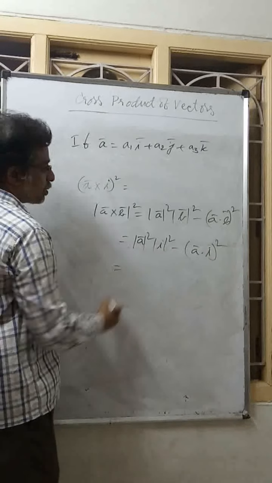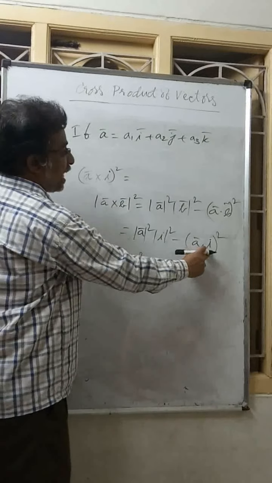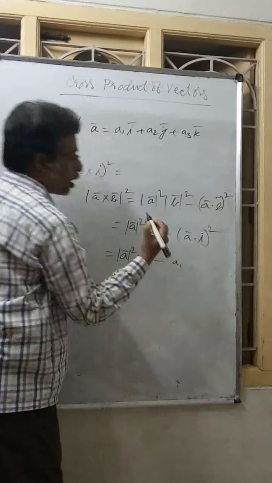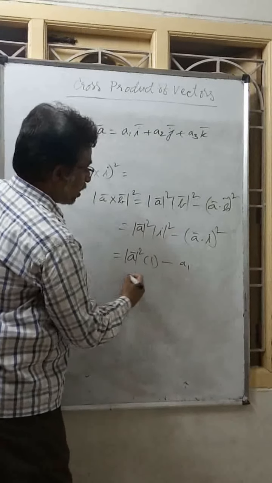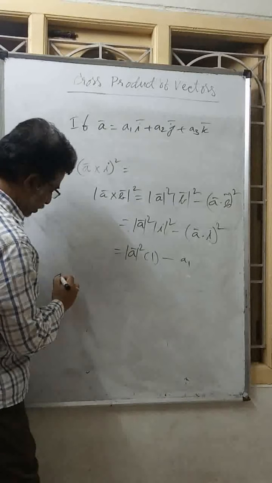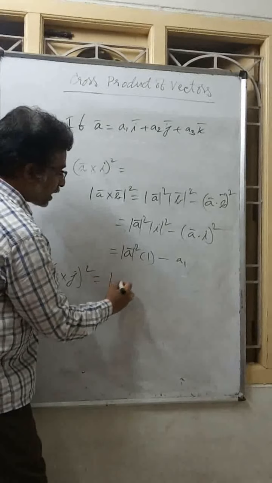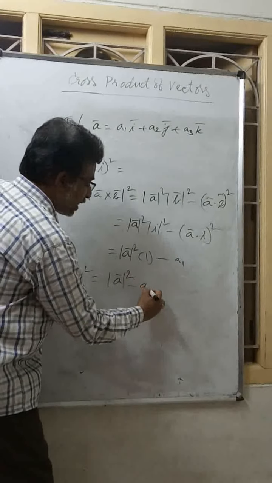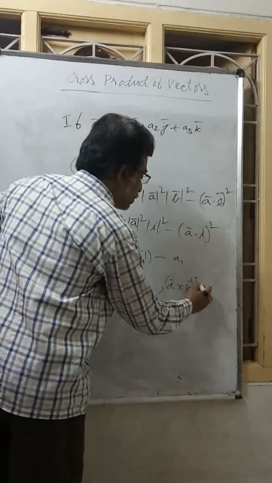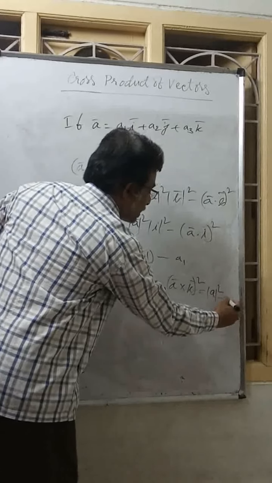This is equal to mod A square into mod I square, which is 1, minus A dot I, which means A1 is left out. So this becomes A cross I whole square. Similarly, A cross J whole square is mod A square minus A2 square, and A cross K whole square equals mod A square minus A3 square.